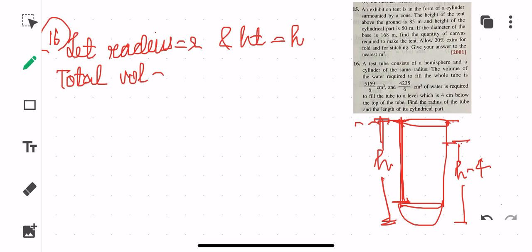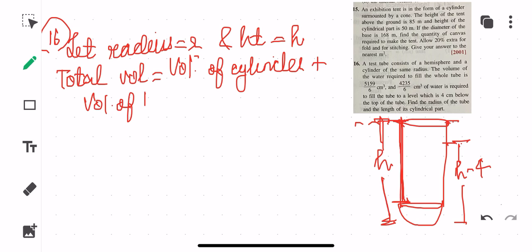The total volume is equal to, they have given 5159. But you won't write this first; you will first write total volume is equal to volume of cylinder plus volume of hemisphere.